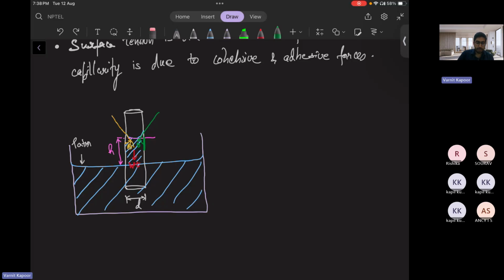Now, what is happening? At this point, there are adhesive and cohesive forces, so wetting is happening, whereas this liquid is open to atmosphere, so there is surface tension also happening. Are you able to feel this? I'll make a bigger diagram so that you can understand.